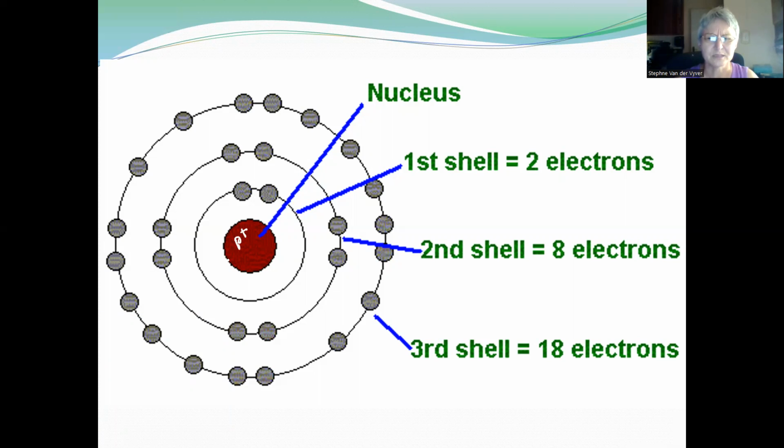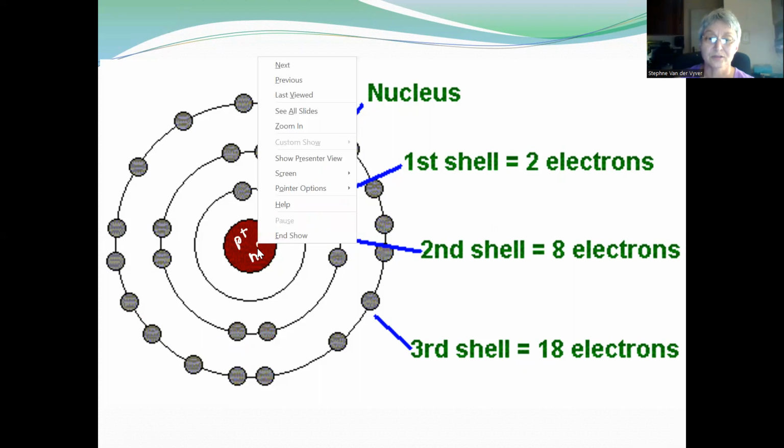So this element is the element at the end of the third period. I guess you know which element that would be, because it's got a full third energy level. And in the nucleus, you have the neutrons and the protons.